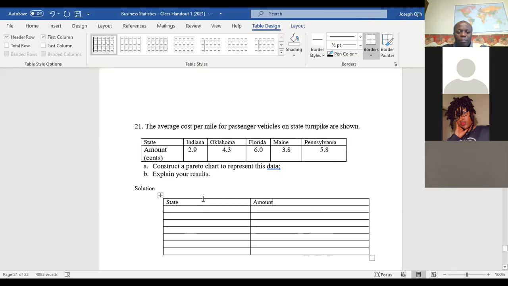Oh, actually Florida. So you put Florida here, followed by Pennsylvania, then Oklahoma, Maine, and of course Indiana.